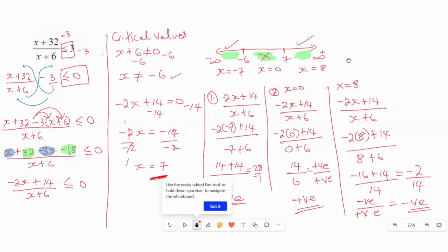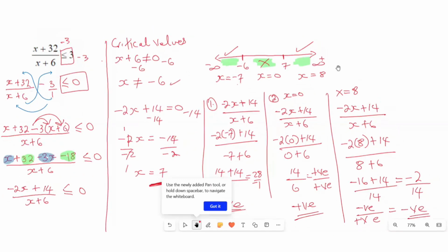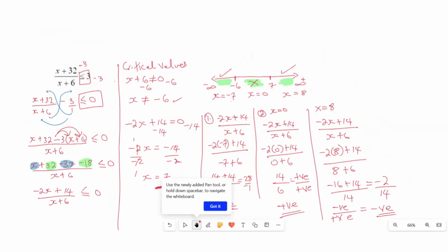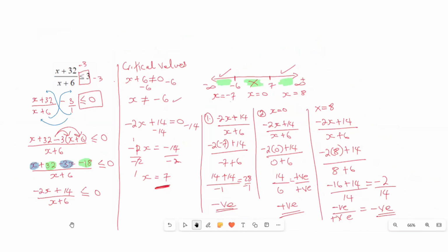So what's the idea now? The idea now is just to write our solution right here as is. So let's represent this to see what's going on. So let us say I'm representing this in interval notation. All right, so the numbers that we're looking at, and this is very important because we do remember that x cannot be -6.